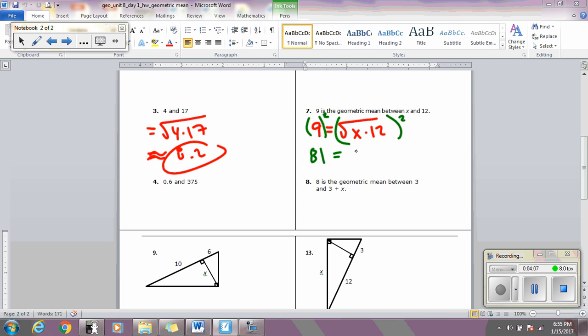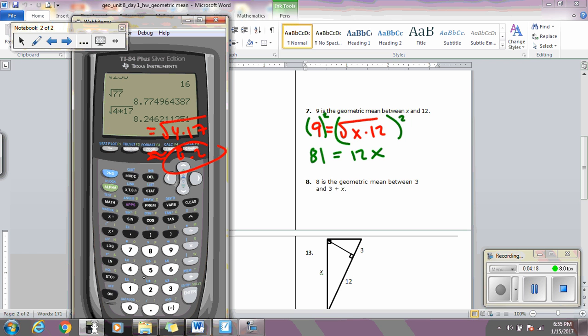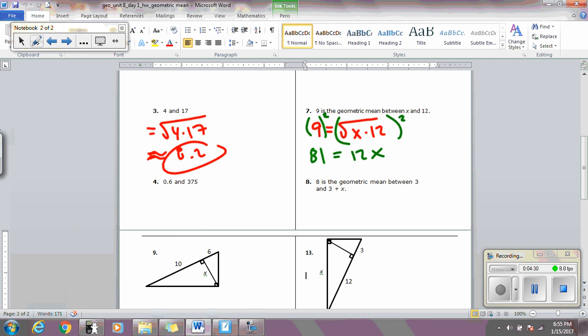So that's on the left, and on the right, I'm going to have 12x. So now I need to divide 81 by 12 to get x by itself. I need my handy dandy calculator. 6.75. So 6.75 equals x.